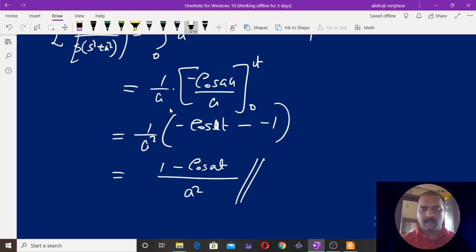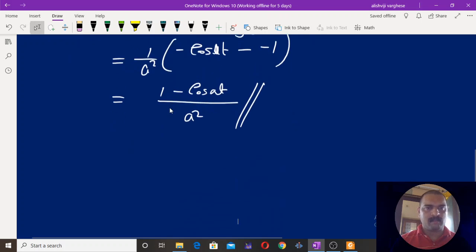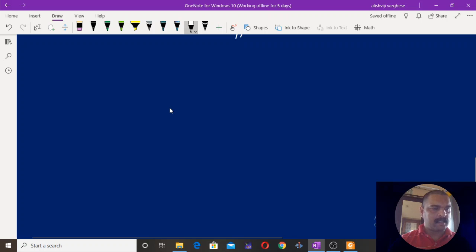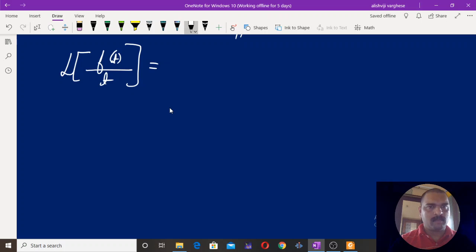So that's again another trick by which we find the inverse Laplace transform of a function. Now let's solve another problem in which we use the theorem or result: Laplace transform of f of t divided by t is equal to integral s to infinity F of s ds.